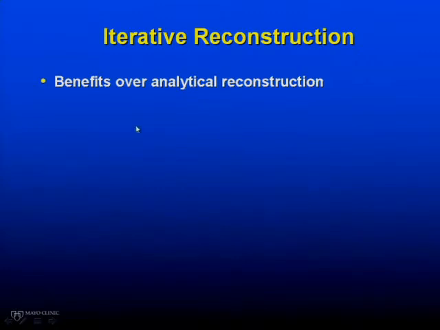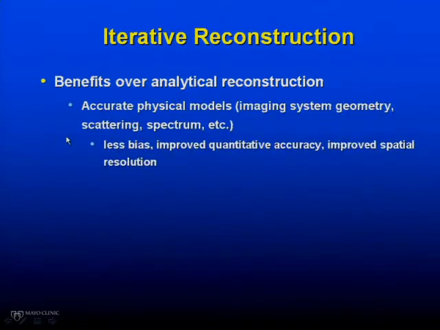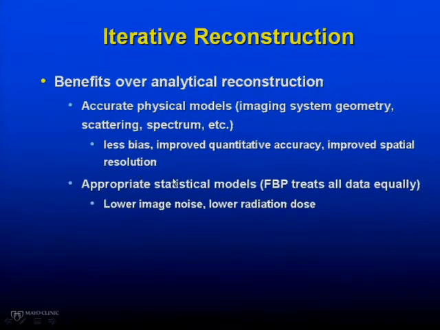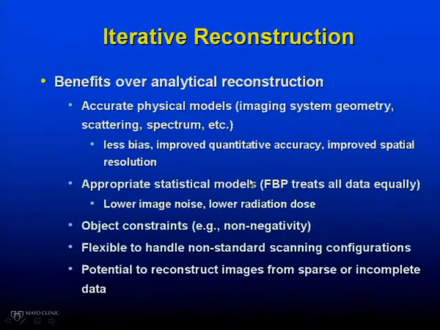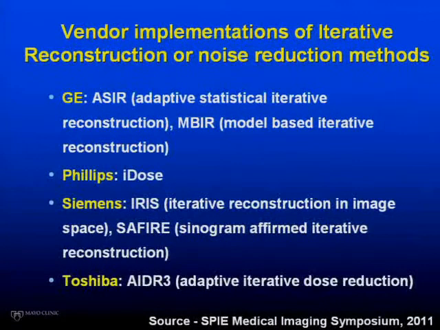Basically, the benefit of the iterative reconstruction over the analytical reconstruction is the accurate physical model, the appropriate statistical model, and also some other benefits, including the non-negativity object constraint, the flexibility to handle all non-standard scanning configurations, and the potential to reconstruct images from sparse or incomplete data. And all the vendors now provide some type of iterative reconstruction or noise reduction method.